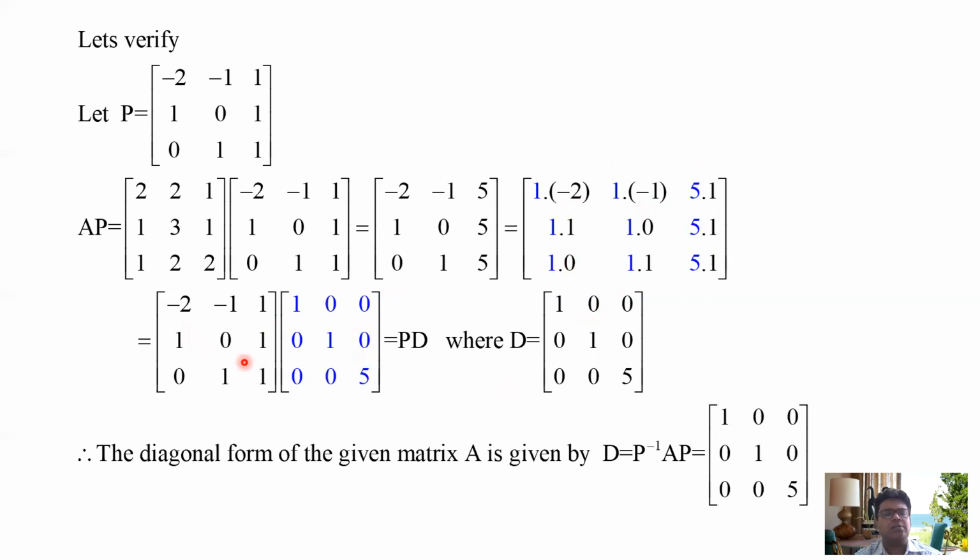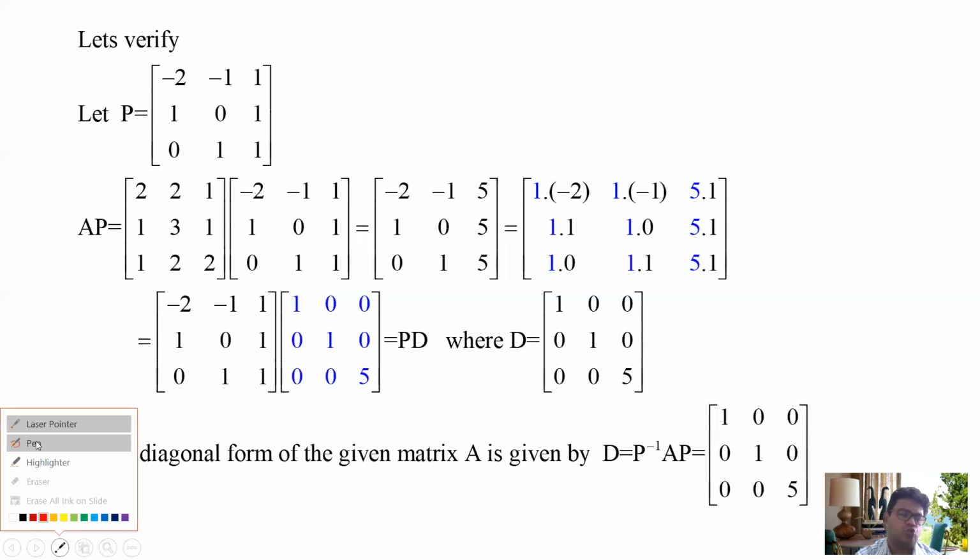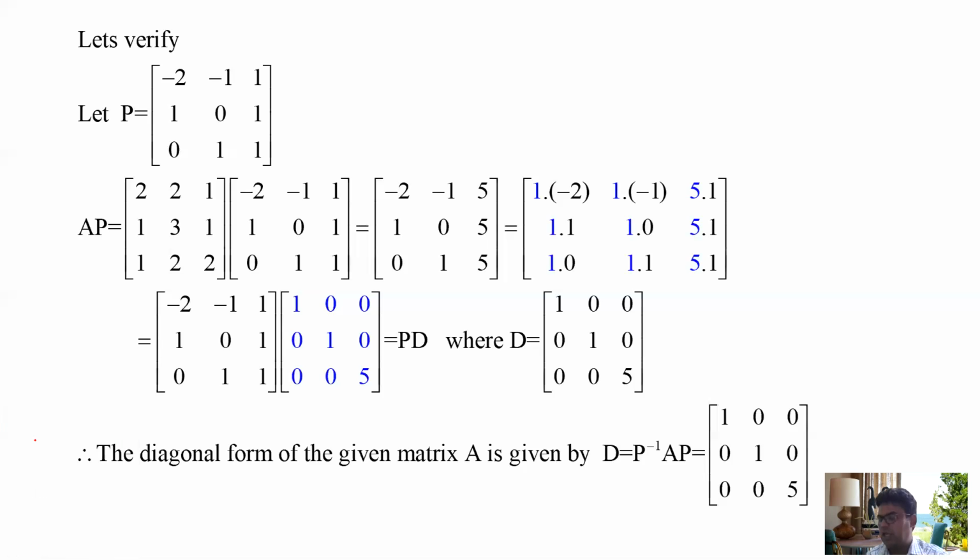So what is this? This is the P matrix. And this is a diagonal matrix. So already you know, if I can express AP is equal to PD, then automatically we can write D is equal to P inverse AP.